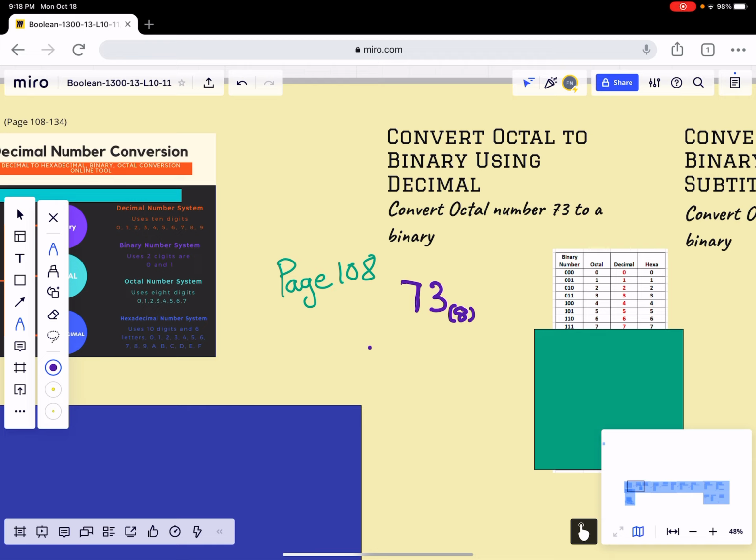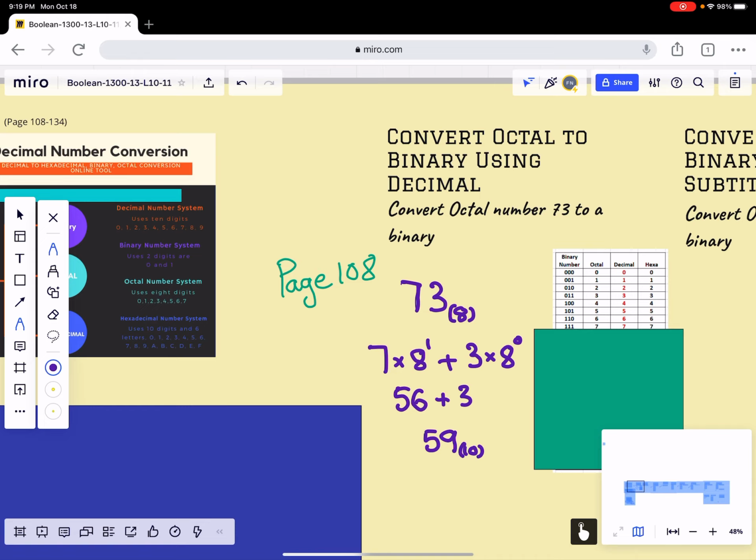So I write out 7 multiplied by 8 to the 1 plus 3 multiplied by 8 to the 0. So 7 times 8 equals 56, and 8 to the power of 0 equals 1, so 3 times 1 equals 3. So I end up having 59 as the decimal number.